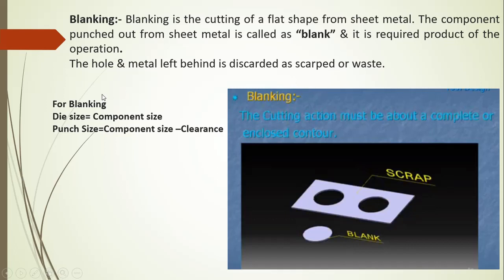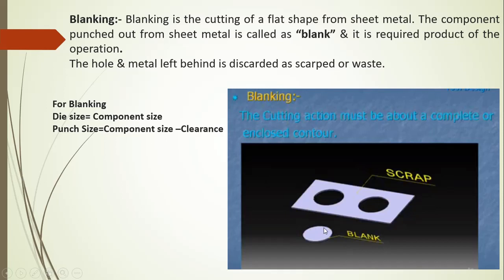Then, while solving the problem, for whatever component is given to you in the exam, you must first judge which operation we have to perform on that component. Is it blanking or punching? If it is a blanking operation, you must know that die size is equal to component size.